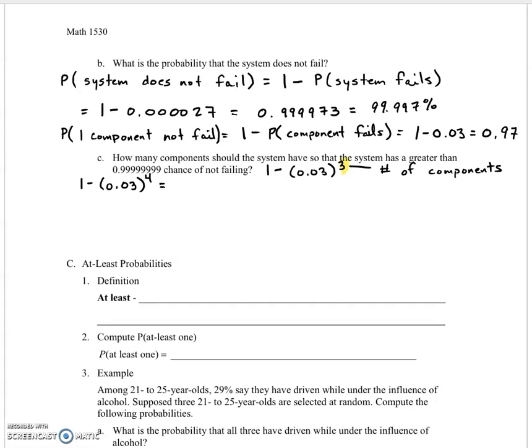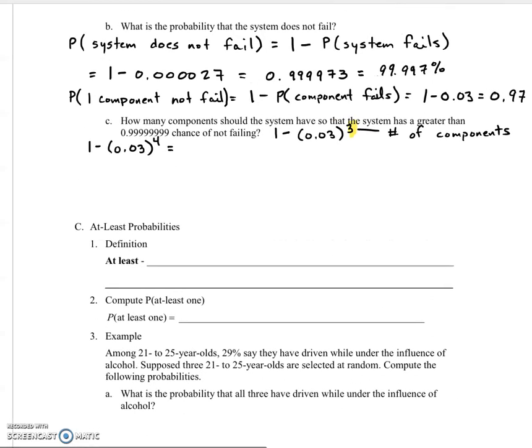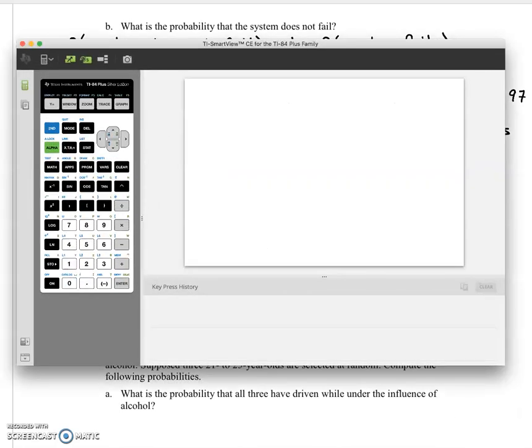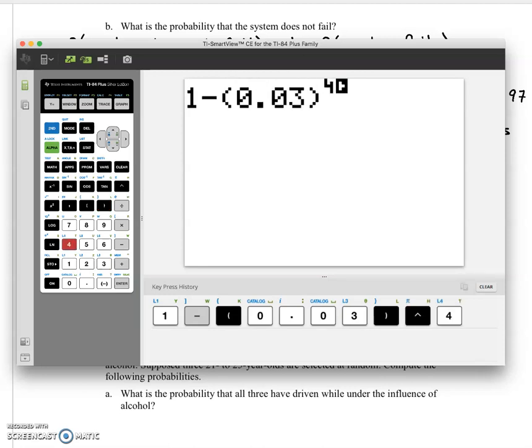We were in the middle of part C at the top of page 3, and I was about to pull out the calculator. So here it is, and we are doing 1 minus, in parentheses, 0.03, and this time we were going to try with 4 components. So make a 4 for the exponent.